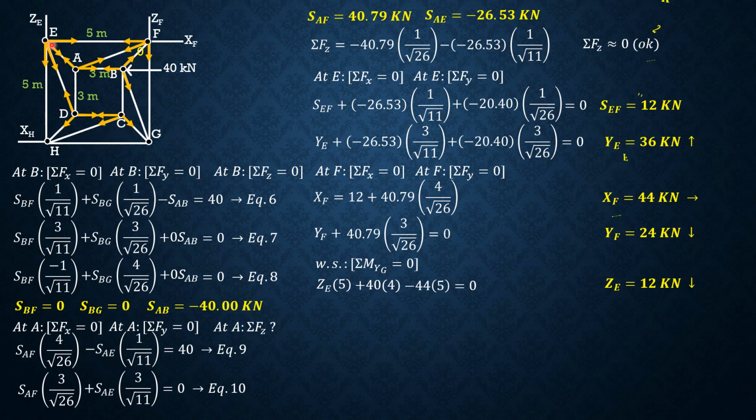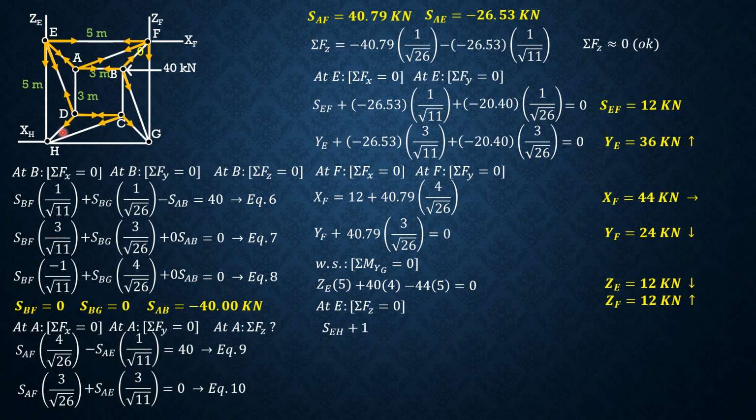So we can go back to E and sum up forces along Z so that we can solve for the force in EH. Considering the whole system, if G sub E is 12 kilonewtons forward, then G sub F is 12 kilonewtons backward. So at E, summation forces along Z equals 0 to solve for EH.